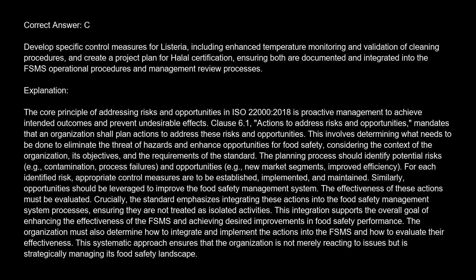The planning process should identify potential risks, e.g., contamination, process failures, and opportunities, e.g., new market segments, improved efficiency. For each identified risk, appropriate control measures are to be established, implemented, and maintained. Similarly, opportunities should be leveraged to improve the food safety management system. The effectiveness of these actions must be evaluated.